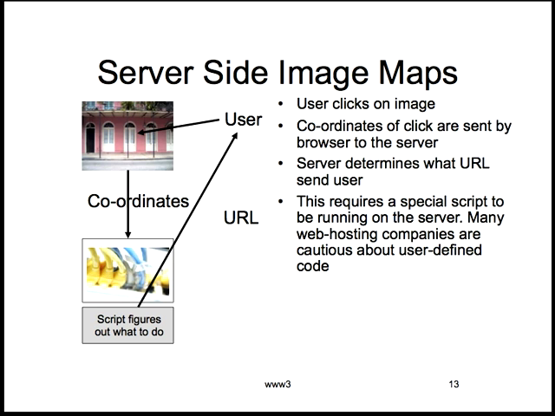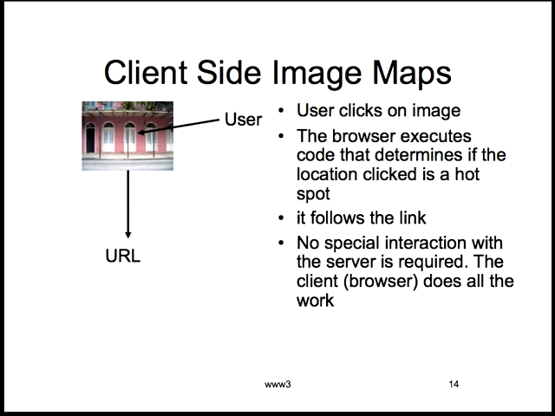We don't see so much of that anymore, mostly because it was difficult to do, and also web hosting companies weren't very happy. You needed a lot of power to run things on the server, and so there's no need for that now. With client-side image maps, all the brains are in the browser.